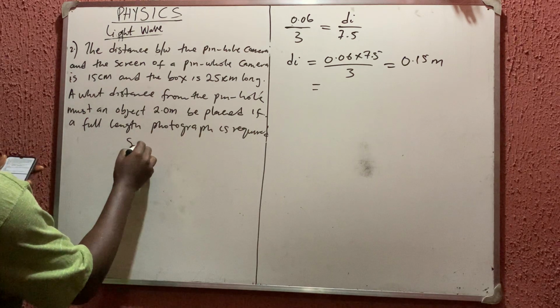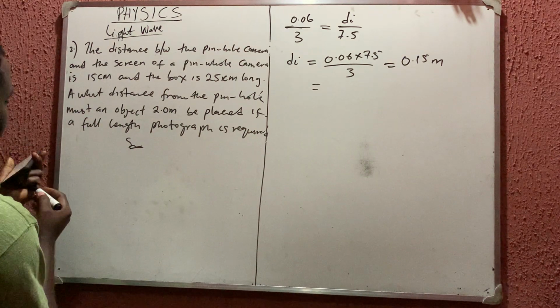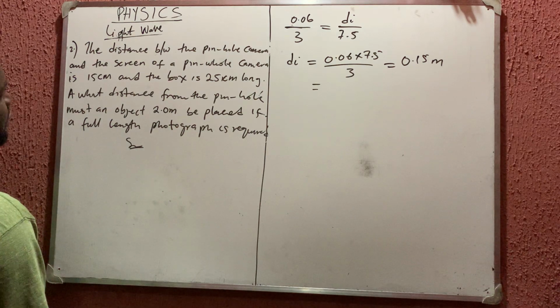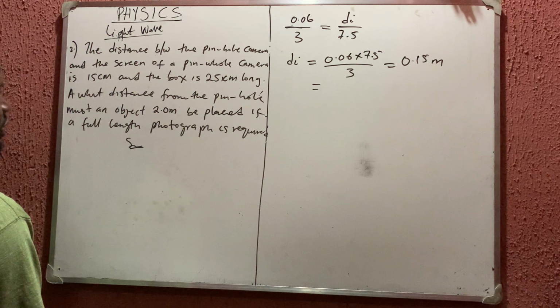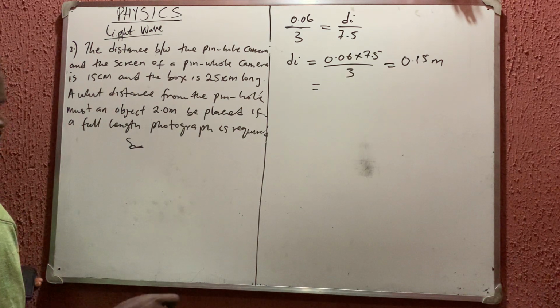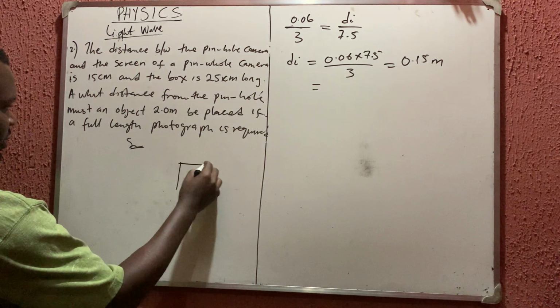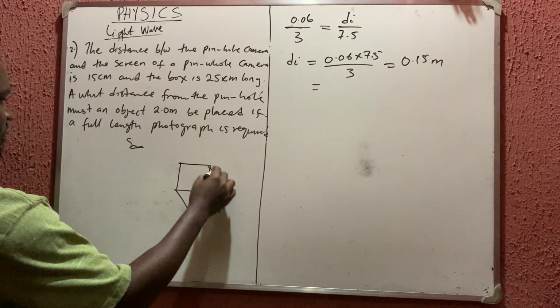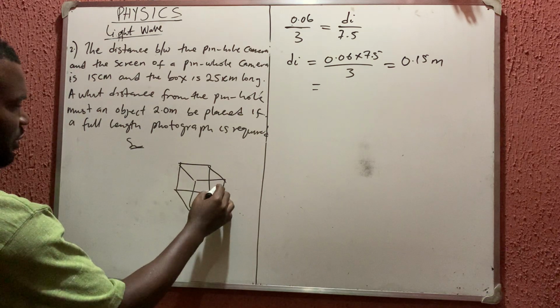Okay, solution. Now let us read the question and get our parameters. They say that the distance between the pinhole camera and the screen is 15. Now from what I drew for you, you have something like this. This is our pinhole camera, and this is the image.